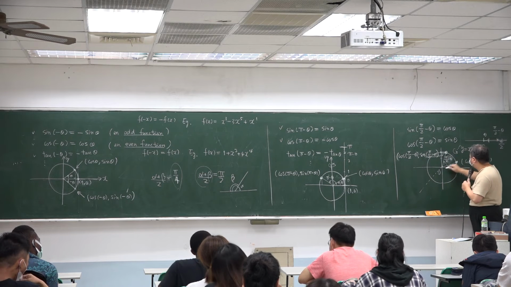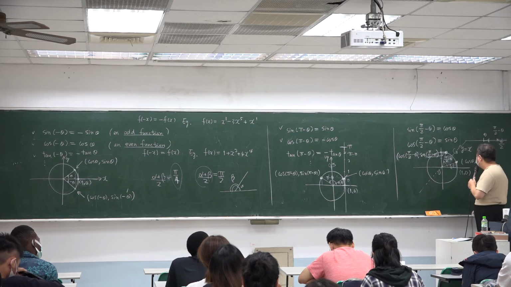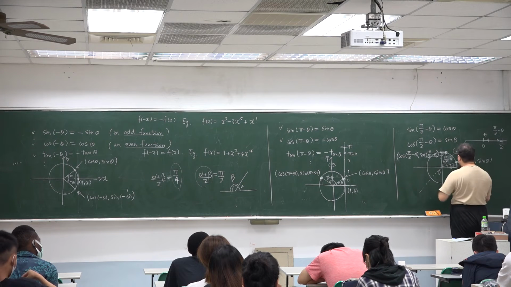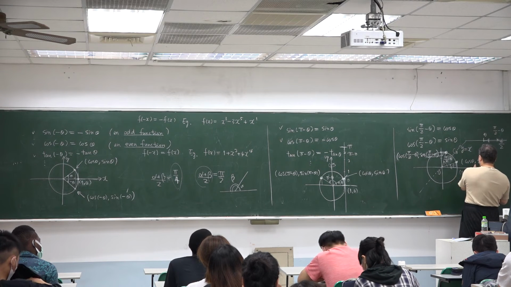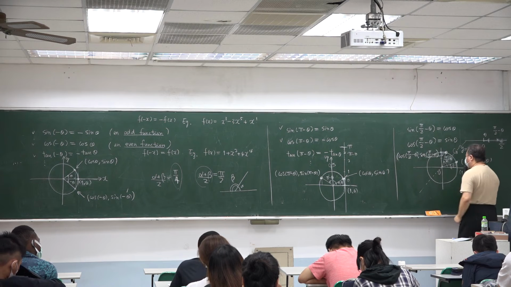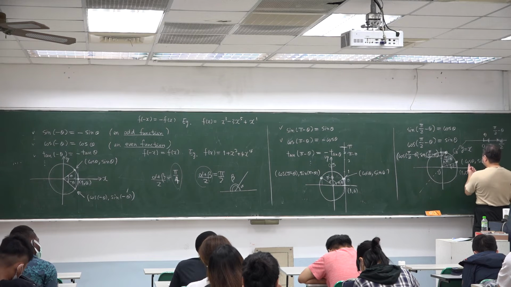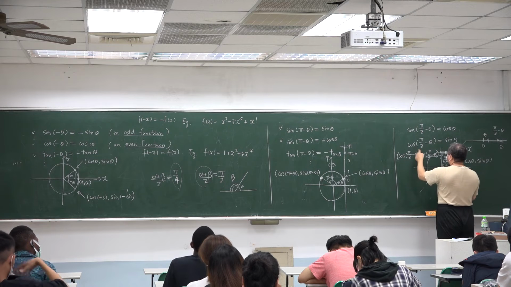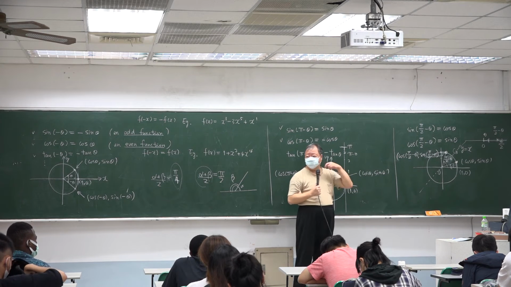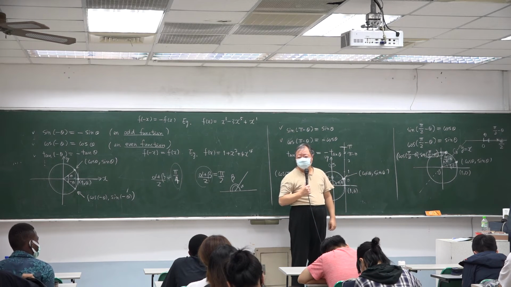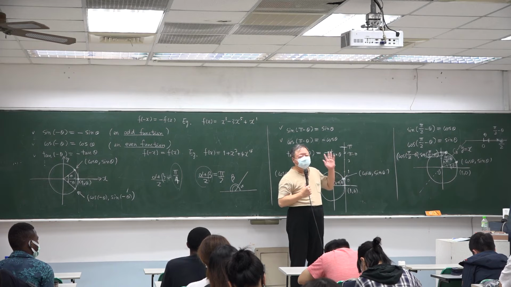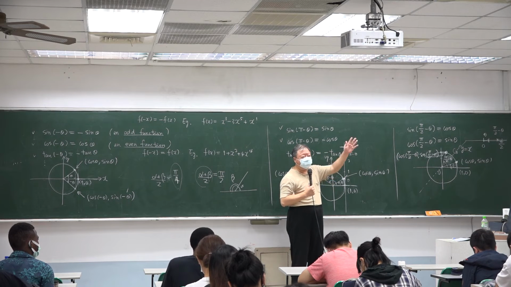Because these two points are symmetric about this axis, if we interchange these two coordinates, then we obtain this one. Means cosine theta equals sine half pi minus theta, and sine theta equals cosine half pi minus theta. Okay. Interchange the positions of these two numbers to obtain that point which is symmetric to this point.